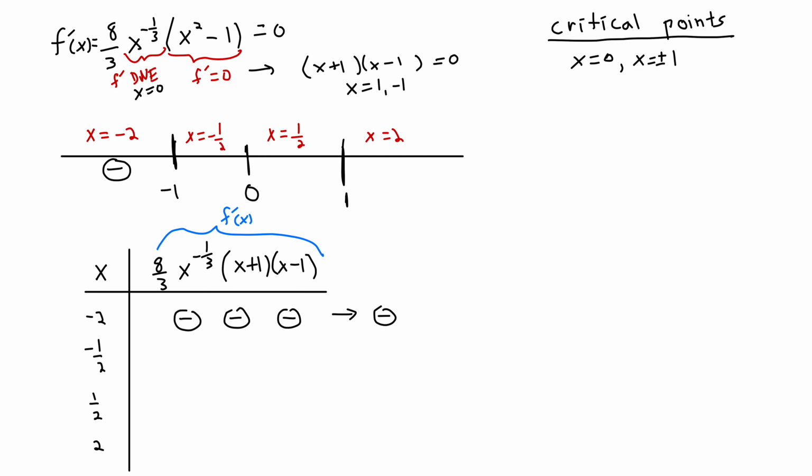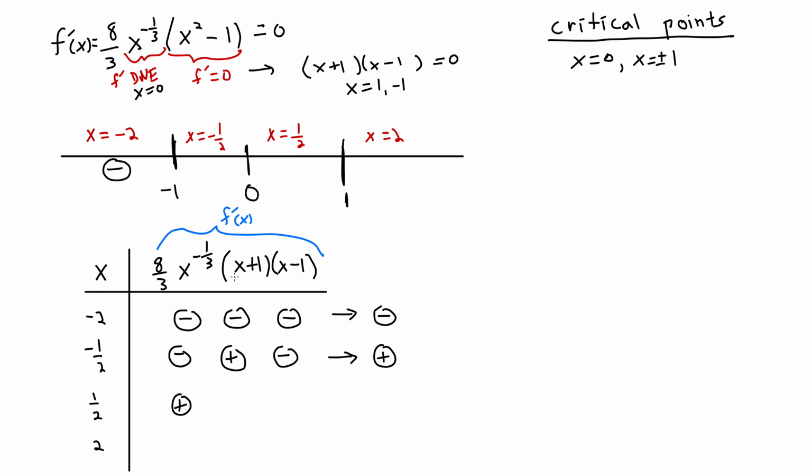Moving on to x equals negative 1/2. Plugging in, well, negative 1/2 to the negative 1/3 is negative. Negative 1/2 plus 1 is positive. Negative 1/2 minus 1 is negative. Negative times negative is positive. There we go. Moving on to 1/2. Plugging it into x to the negative 1/3, positive. Remember, the negative 1/3 just brings this down to the denominator.